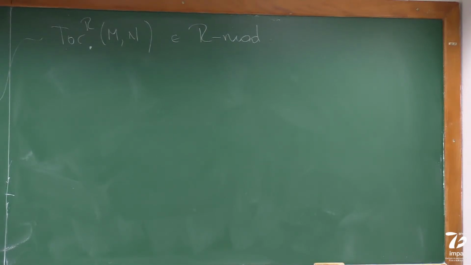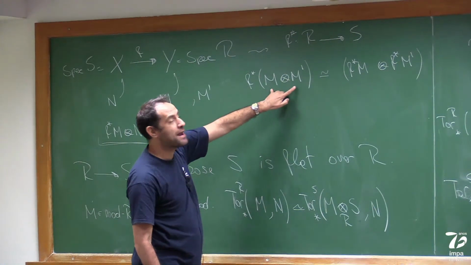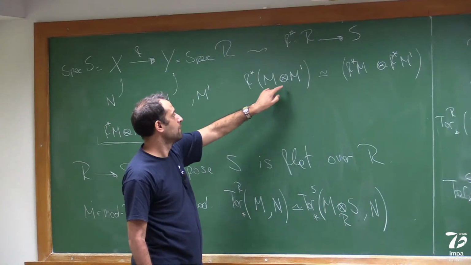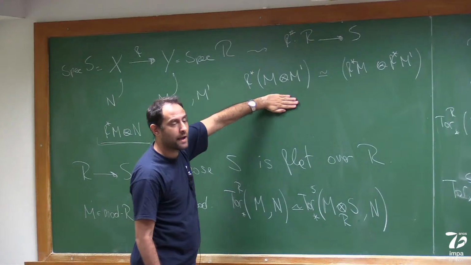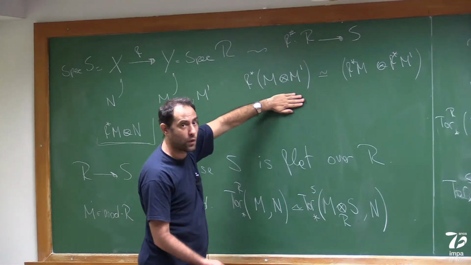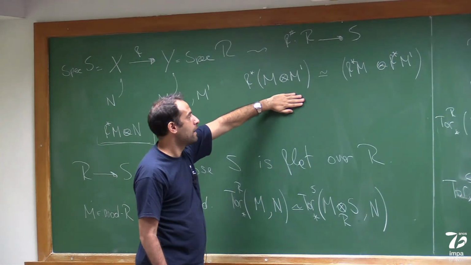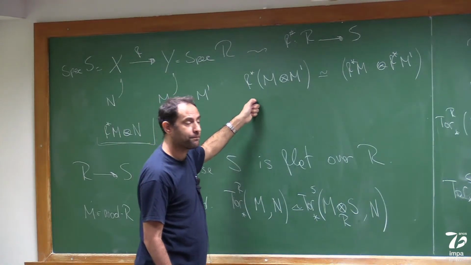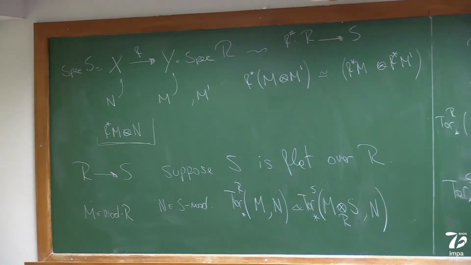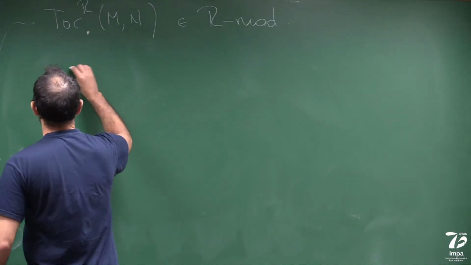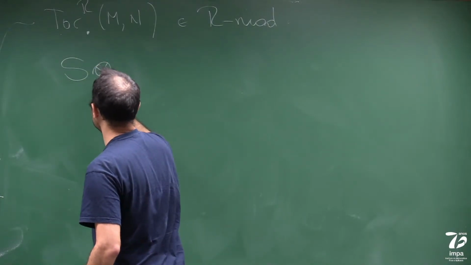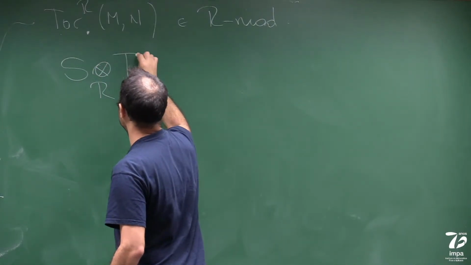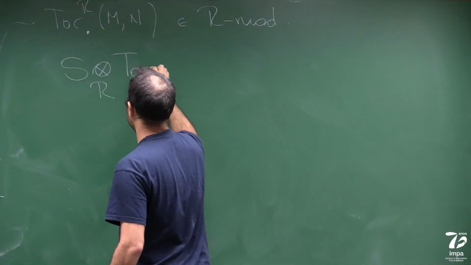So that's something like this. If I have two R modules, M and M prime, which is N, I can take the tensor product. I can take the derived tensor product, that's just the Tor of those two guys. And now let's just pull it back. Pulling back would be tensoring with S. So now I have this S, which is an R module, and I can tensor this guy over R with this guy, which is an R module.